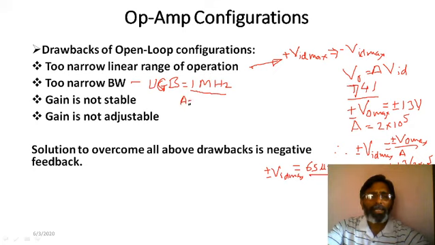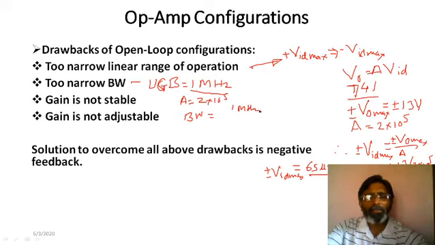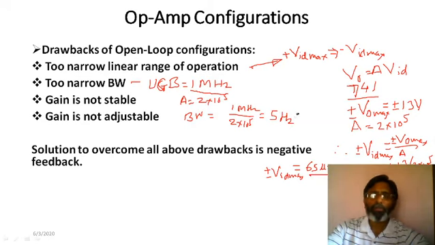When the gain is 2 into 10 to the power 5, what will my bandwidth be? My bandwidth will be 1 megahertz divided by 2 into 10 to the power 5. So this will be 5 hertz.